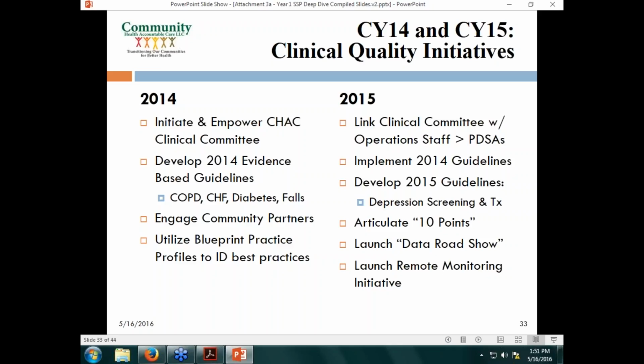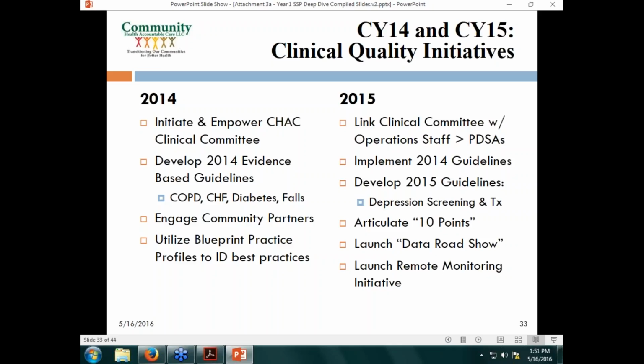And our very small staff went out on the road last summer to all of the health centers, presenting that data, talking with them about, for the diabetes poor control measure, is it that you're not screening enough folks, or is it that you're screening the folks but their diabetes is still out of control, and what can we do to fix that? That was what we called the Data Roadshow. It was a big hit. The folks loved seeing their data. And so we used that in conjunction still with the Blueprint Practice Profile.